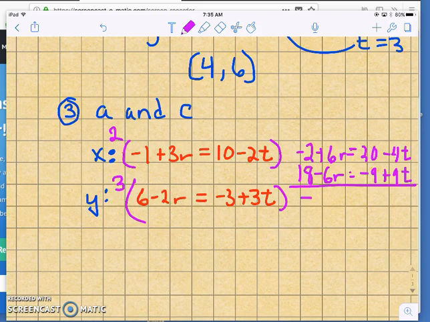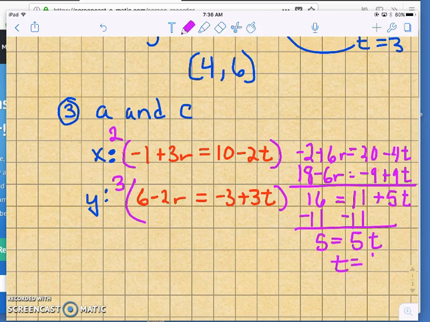Add these together, we have 16 equals 11 plus 5t, minus 11 minus 11. So 5 equals 5t. So they intersect here when t equals 1.